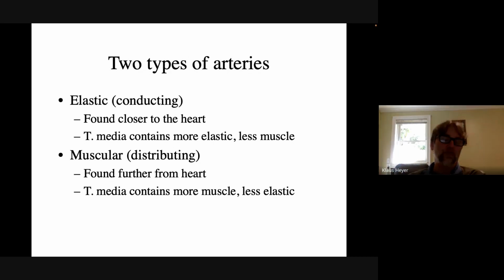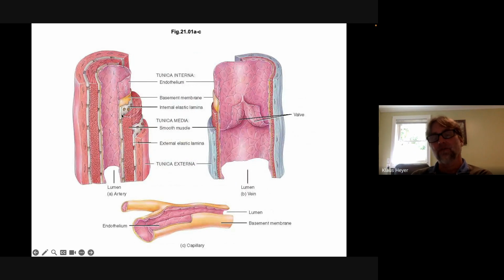You don't want to constrict your carotids, which are right next to your heart. You're going to back up the ventricle and mess up the heart. So those are elastic arteries. An elastic artery would have a thin muscle layer and a really thick elastic layer, the opposite of what you're seeing here.